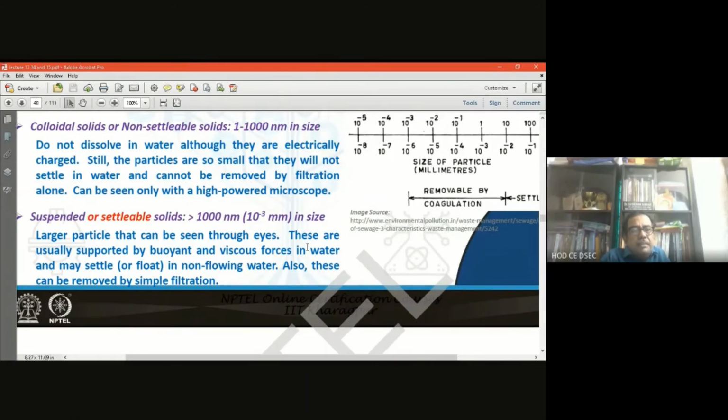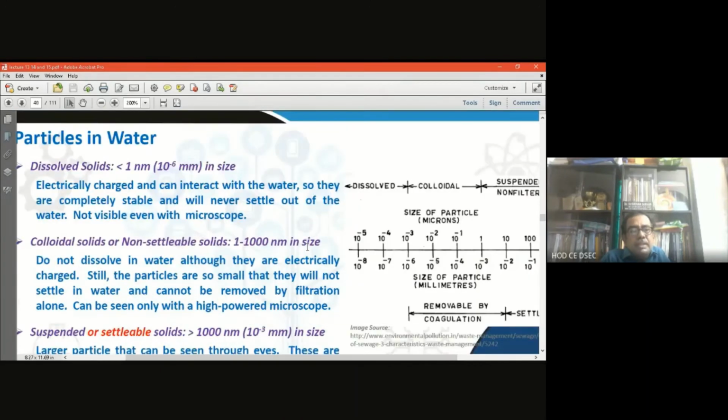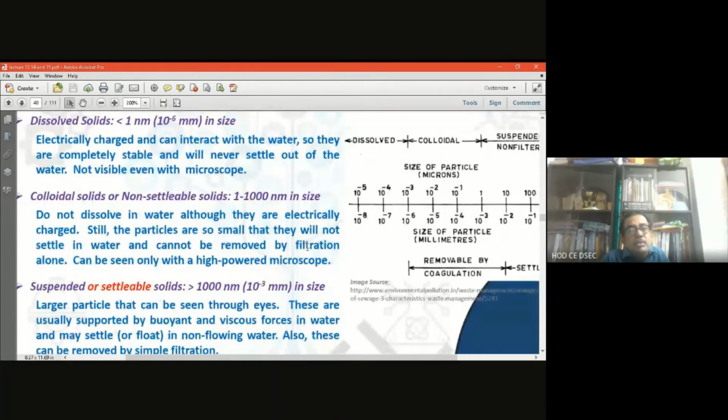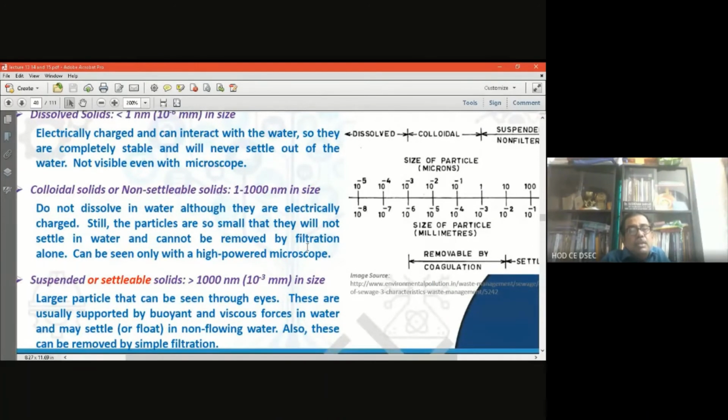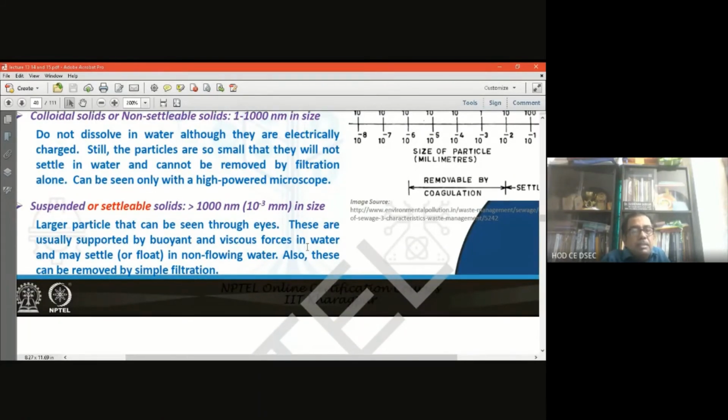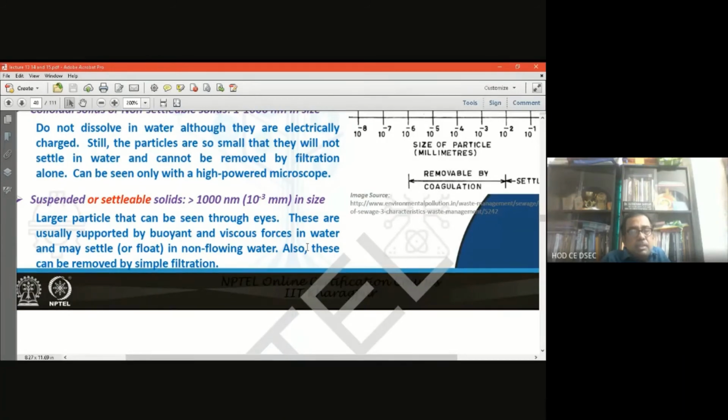So we have talked about three ranges of particles. One is less than 1 nanometer, which cannot be seen even in the microscope. Then 1 to 1000 nanometer, which can be seen in the microscope, and greater than 1000 nanometer, which can be seen physically with the naked eye and these solids are settleable.